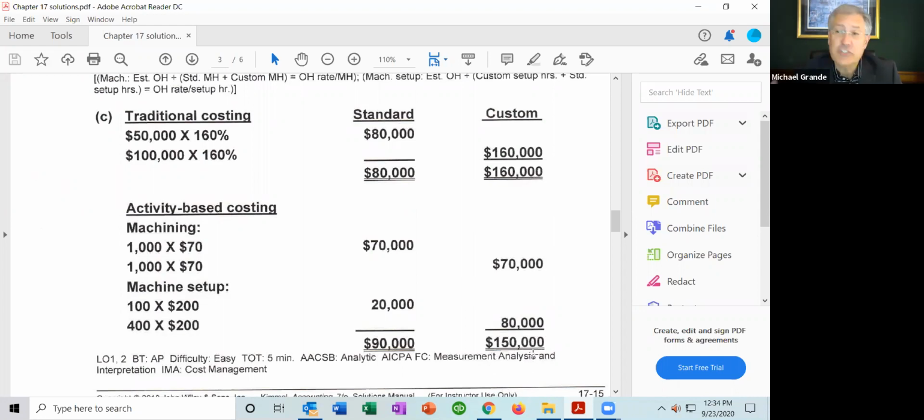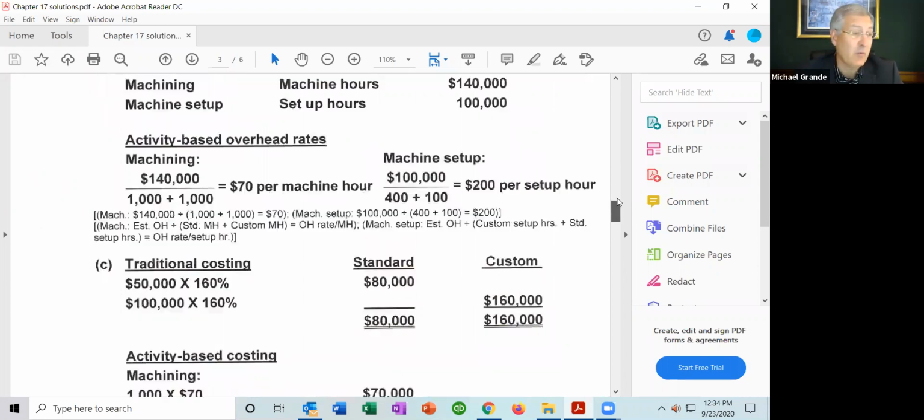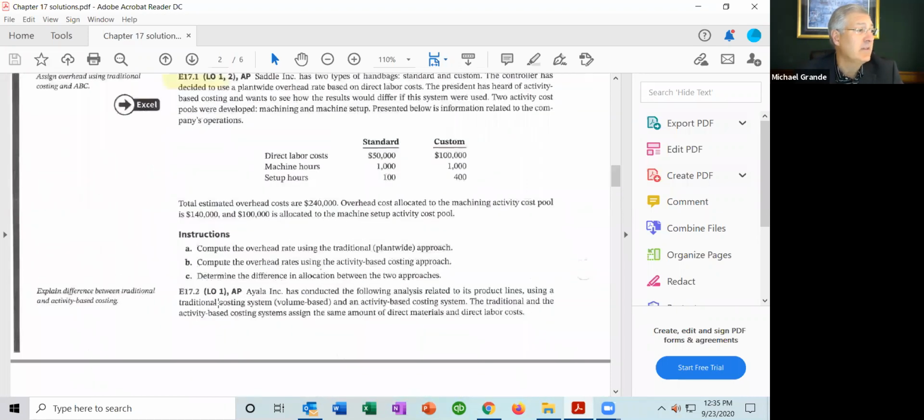So there was a shift of $10,000 between the two products by moving from traditional costing to activity-based costing. So please be sure to answer the question. The question was: determine the difference in the allocation between the two approaches. And the difference is $10,000.